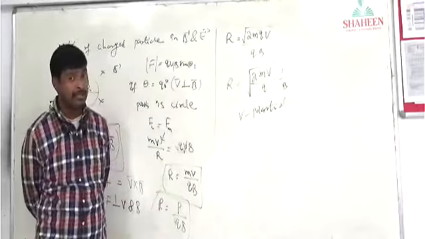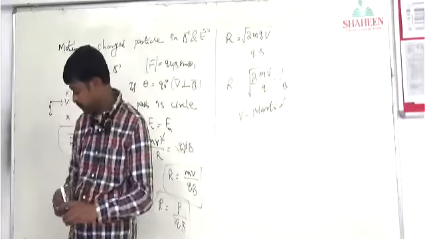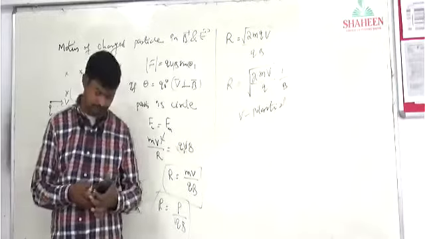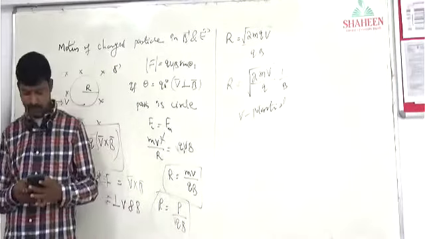Tell me, according to that, which one has more radius, electron or proton? Tell me fast.